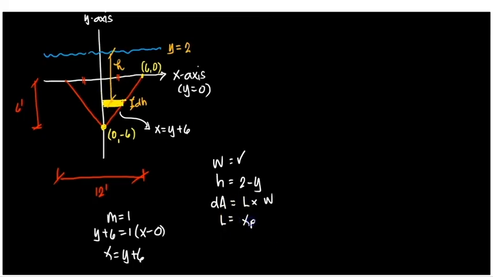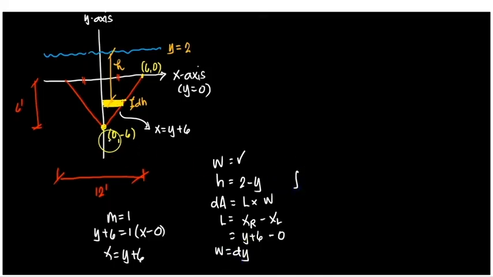So x of the right minus x of the left. X of the right is x equals y plus 6. And again, the left side, if you want, you can use this on the left side. But then, since it's symmetric, what I did was divide it into 2. And then later on, I'll just multiply my answer by 2, so it's easier to solve. And then the width is simply dh or just dy.